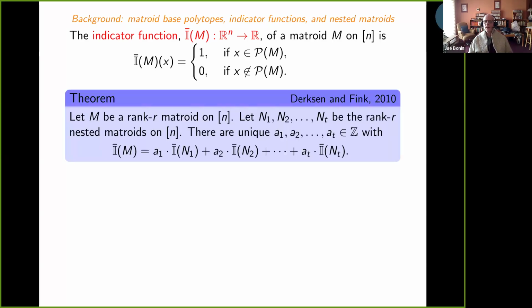And with that, we can now give this interesting result due to Derksen and Fink in 2010. If you take a rank r matroid on n elements, and you look at all of the nested matroids of rank r on the same set, then the indicator function of the matroid can be written uniquely as an integer linear combination of the indicator functions of the nested matroids.